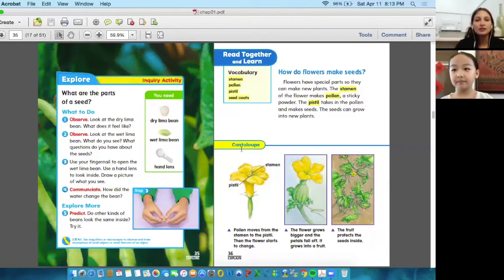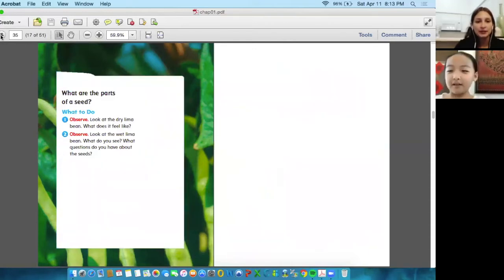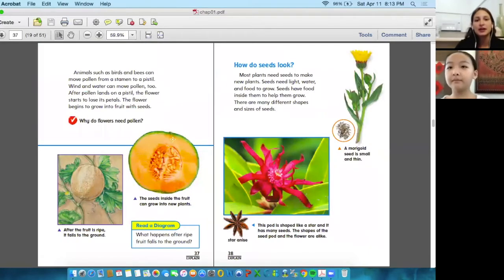Oh, look, it's a cantaloupe. Cantaloupe. It's like a type of melon. Melon, okay. Oh, it's this one right here, the cantaloupe. Oh, I know. I hate the cantaloupe. Really?